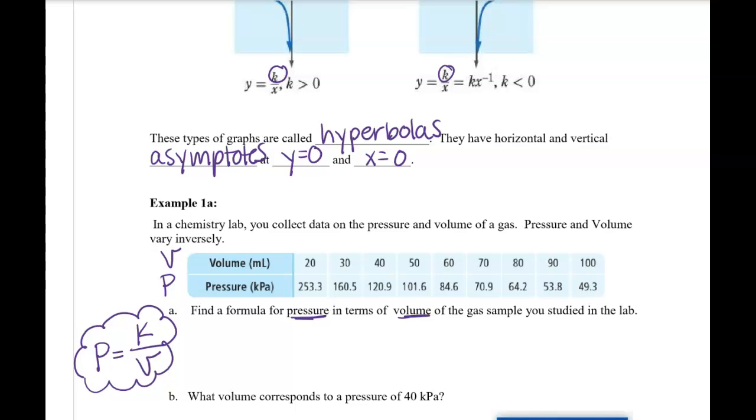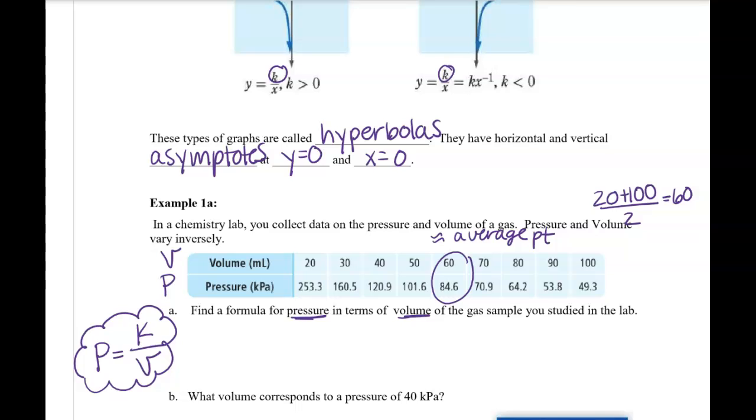If we're going from 20 to 100, 20 plus 100 over 2 is 120 over 2, which is 60. So our approximately average point is right here. Just pick one somewhere in the middle. So then we'll use that.